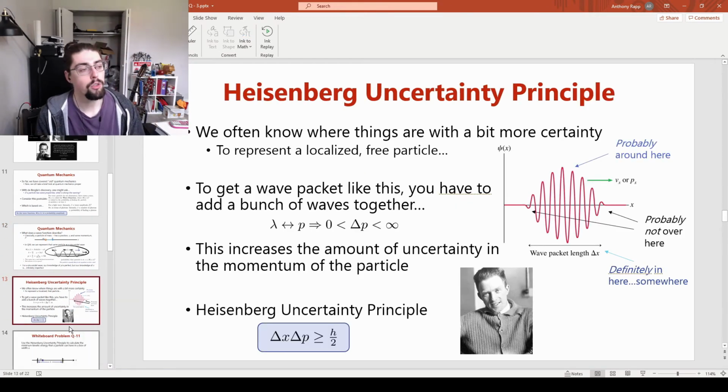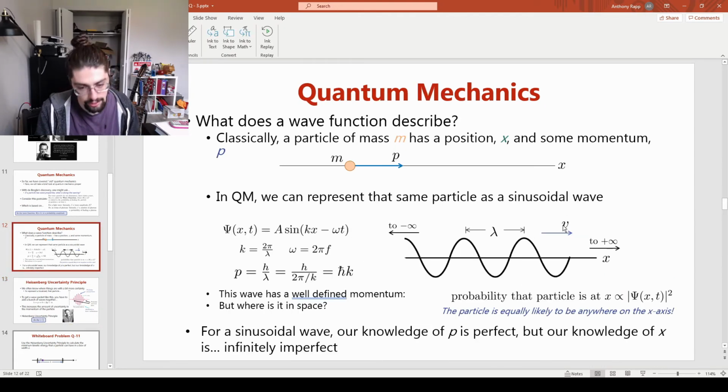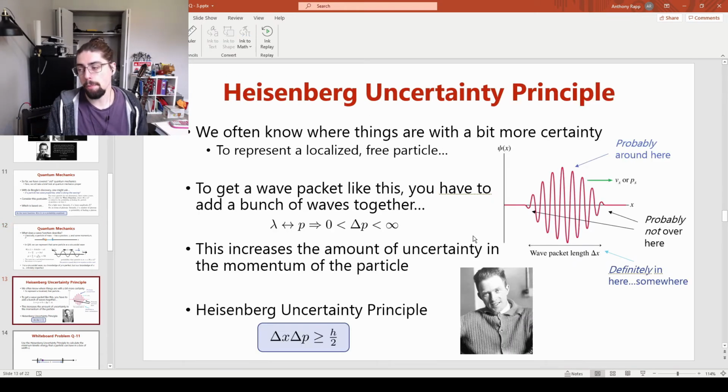This all has to do with the Heisenberg uncertainty principle. Basically, many of our particles do not end up looking like this necessarily, where they are in infinitely many places. Instead, many of our particles travel like wave packets. A free particle that is moving along some axis looks a lot more like a packet like this.